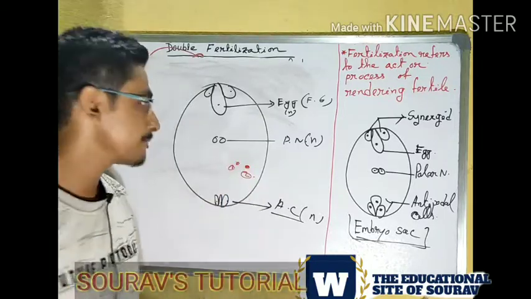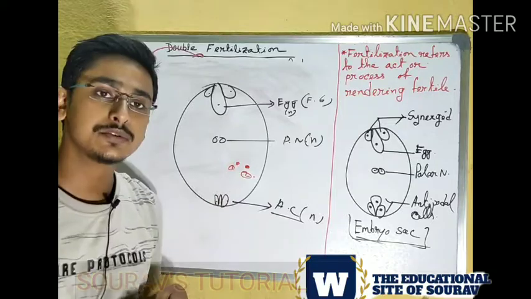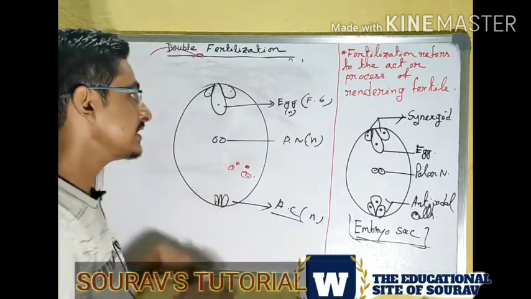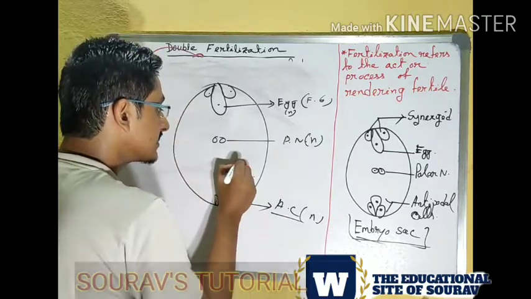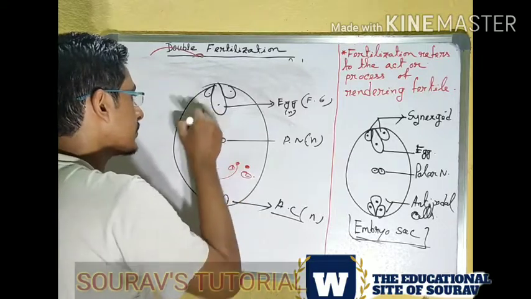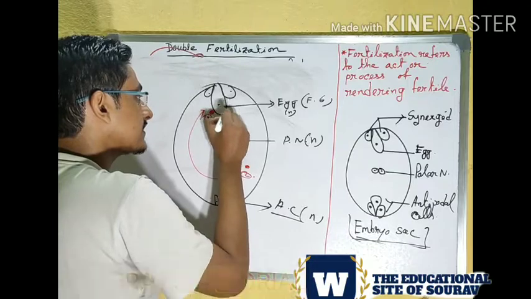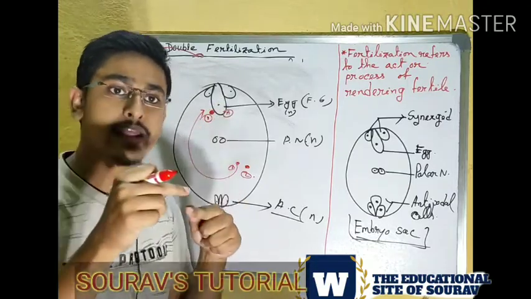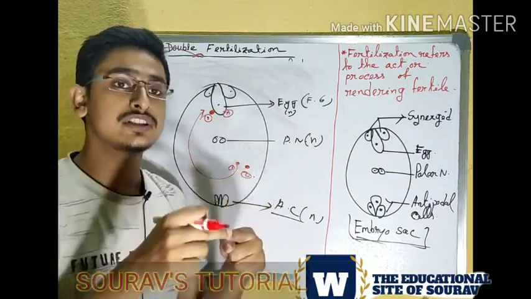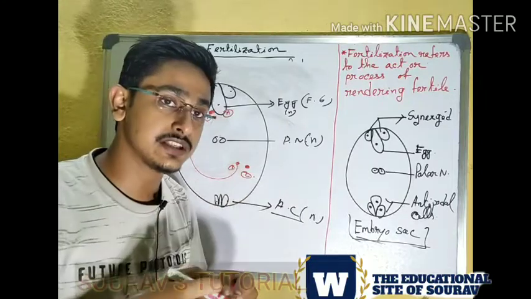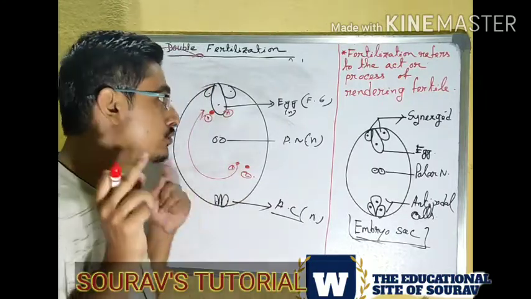Now what is happening? One male gamete will fuse with the egg. That is n and that is n. They combine and fuse with each other and form 2n.